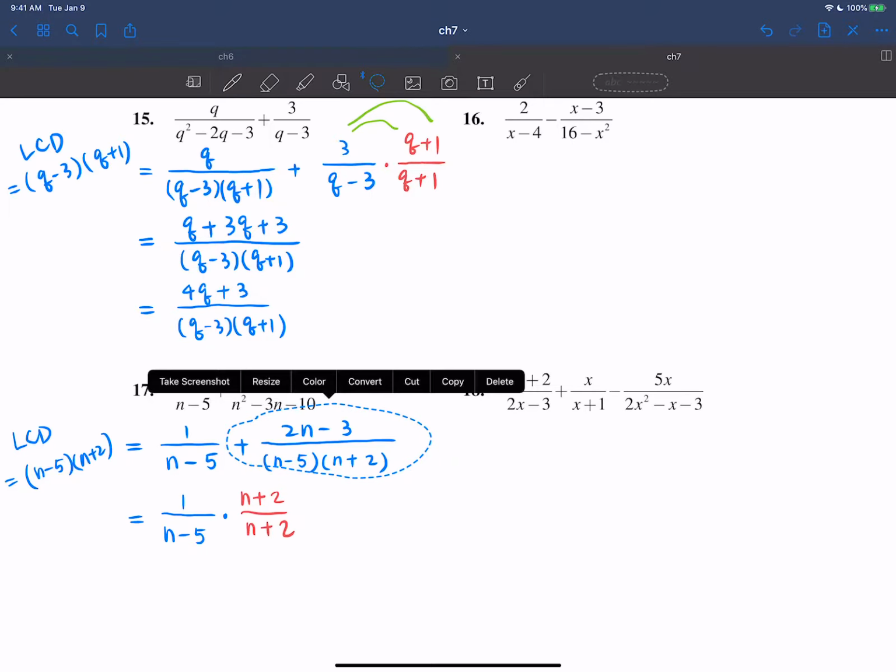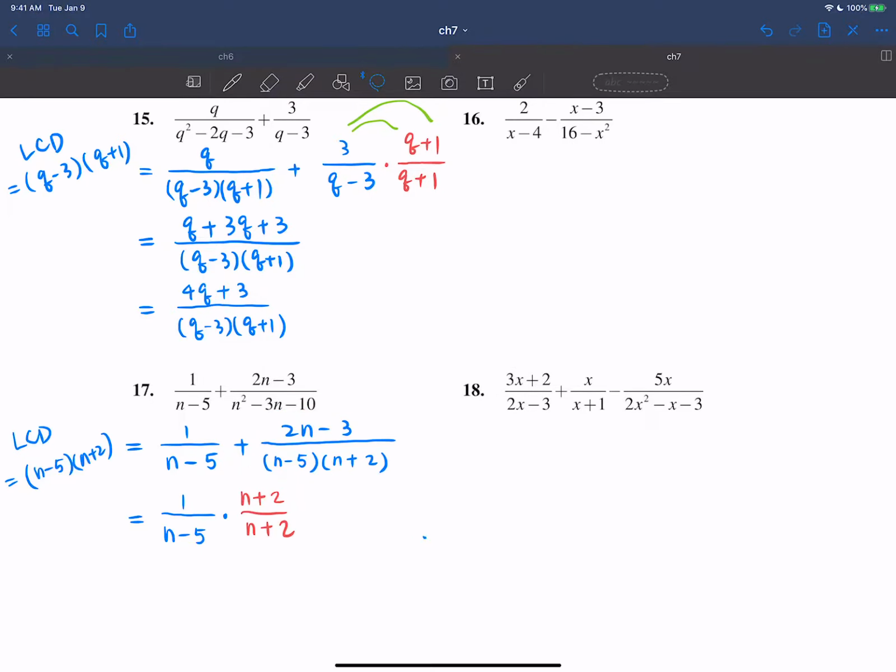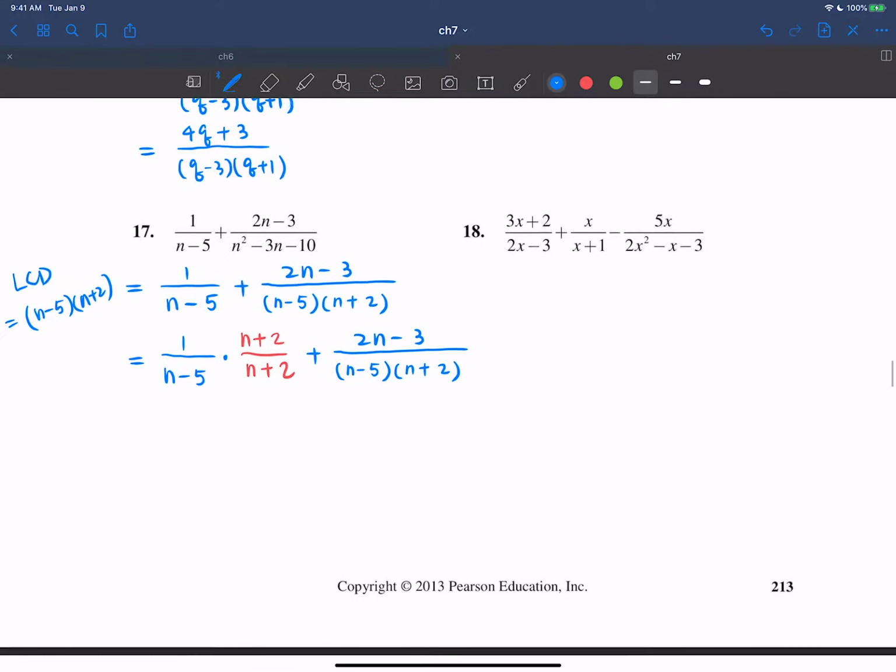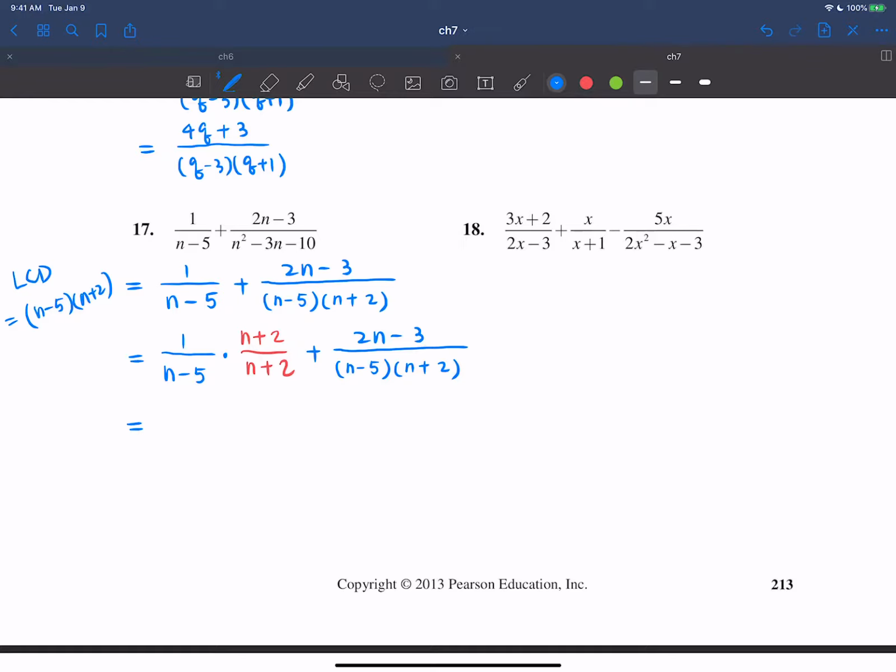And then add the second one. Combine the top part, you have n plus 2 plus 2n minus 3. The denominator is simply the product of those two factors, or our LCD.